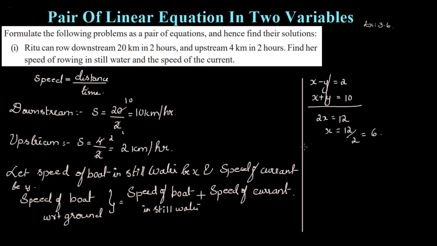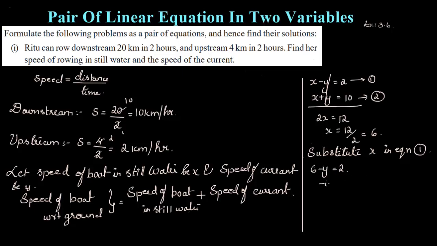We got it now. So let us now find out speed of current by substituting x in any of the equations. So let me take it as equation 1 and let this be equation 2. Substitute x in equation 1. So it will be 6 minus y is equals to 2, right?